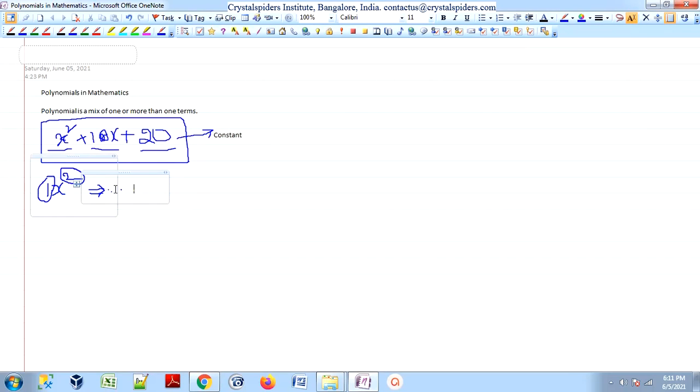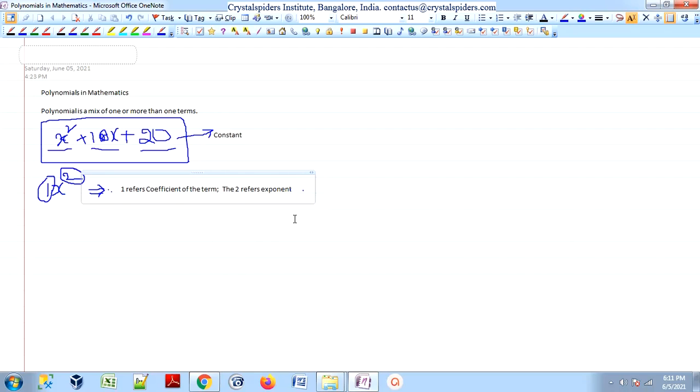Here you see, the 1 refers to the coefficient of the term, whereas the 2 in this same term refers to the exponent.